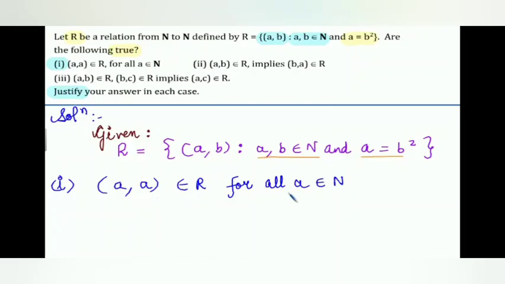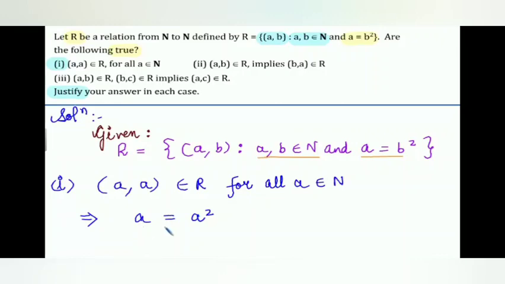So the first statement is (a, a) belongs to R for all a belongs to N. Here (a, a) belongs to R when a = a².